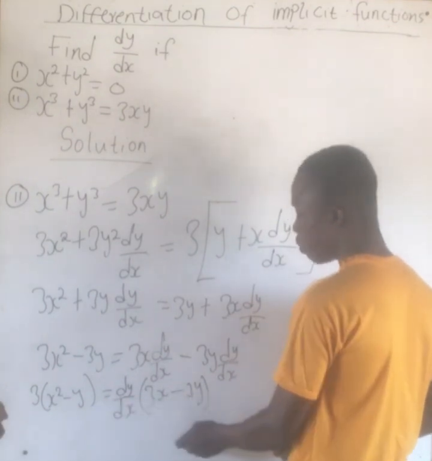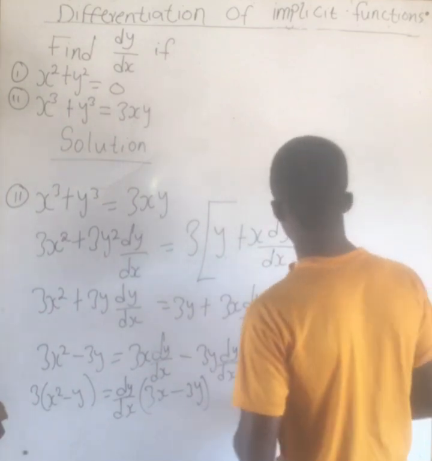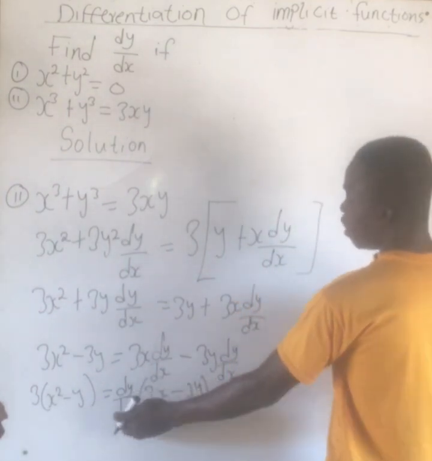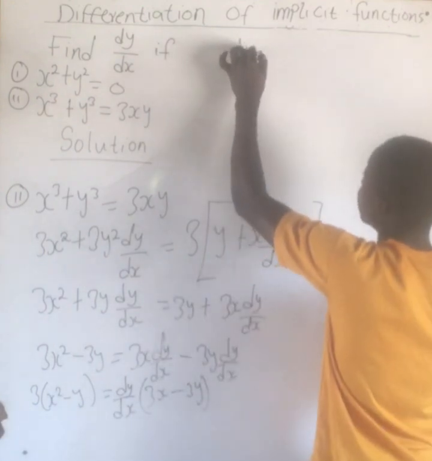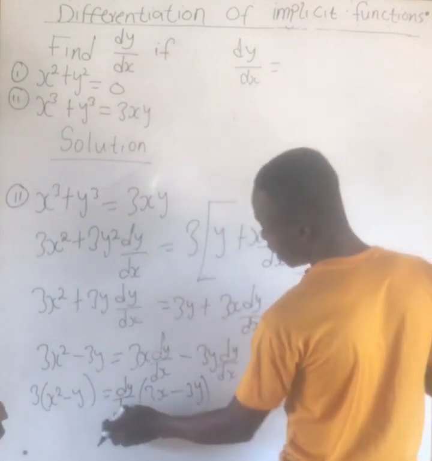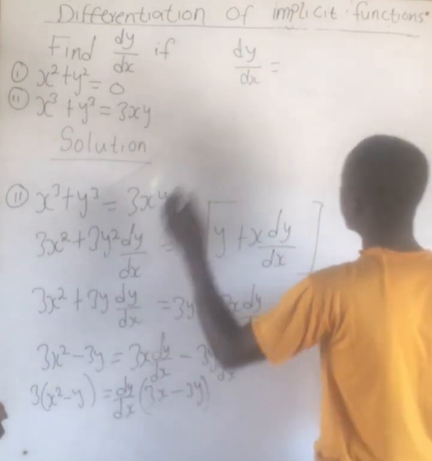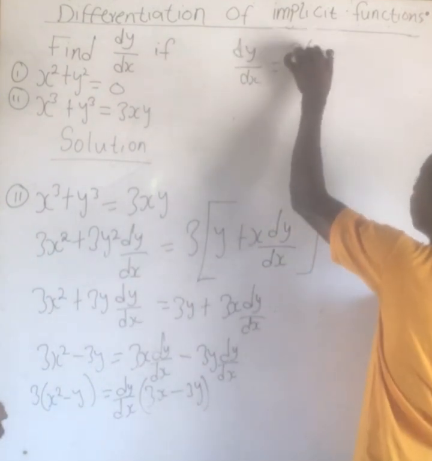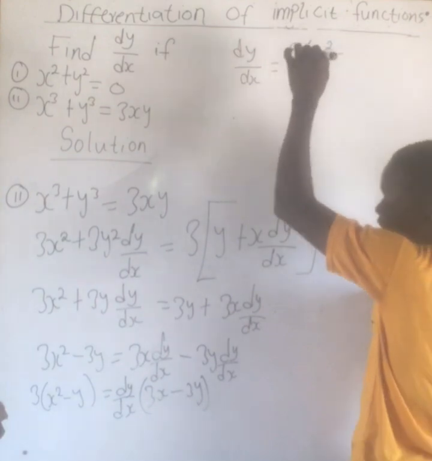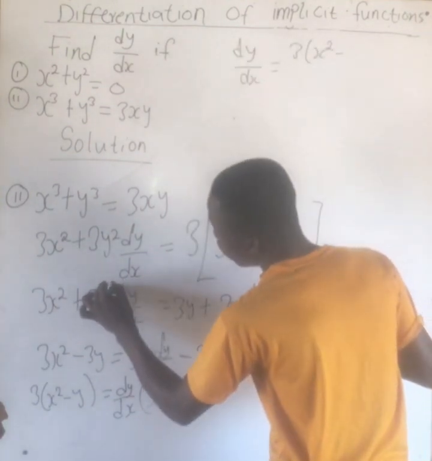We can now divide both sides by 3x minus 3y. So let's continue from here. When you are dividing both sides, dy over dx will now be equal to, dividing here by this, 3 bracket x squared minus y. But remember here it was y squared.